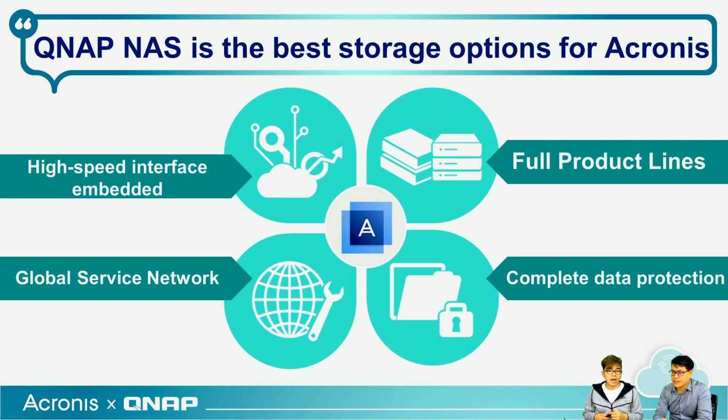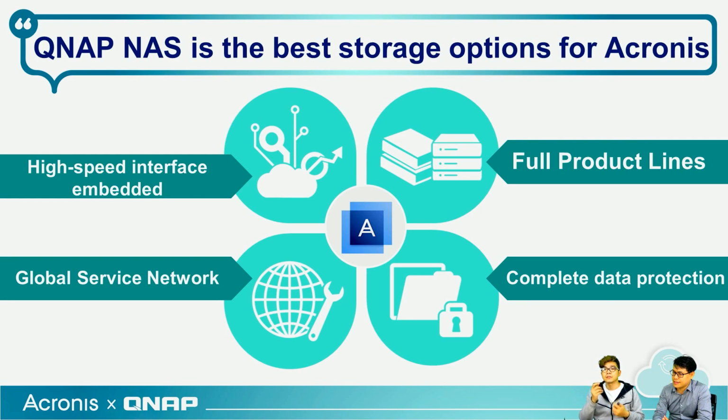The first is the embedded high-speed interface. We have recently launched a lot of new NAS with 10GBASE-T ports and SFP ports built inside, so you don't have to use external devices. And then the full product lines. Many people will think Acronis is a product for enterprise, but not really.